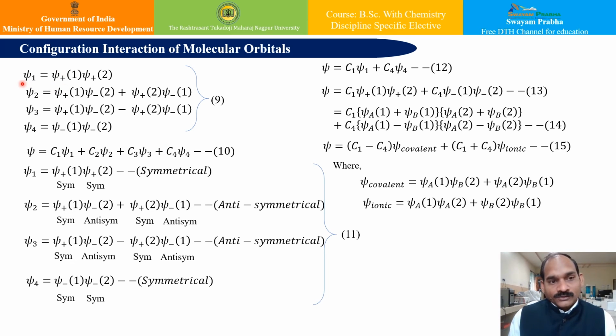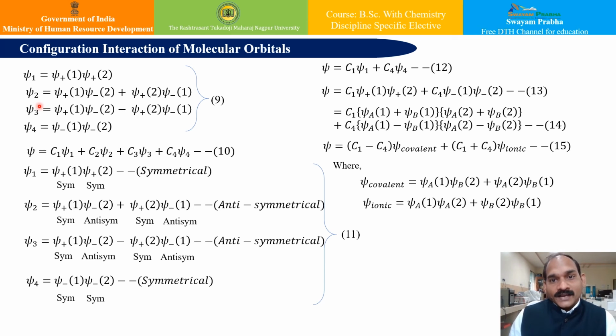Let us denote these four wave functions, that is psi1, psi2, psi3, and psi4, wherein psi1 is a combination wherein both the electrons are assigned to the bonding orbital state. So both electrons are assigned to the ground state of the molecular orbital, which we call psi plus or the bonding molecular orbital.